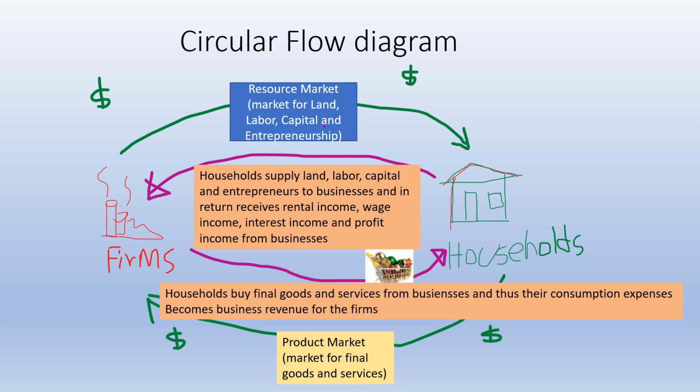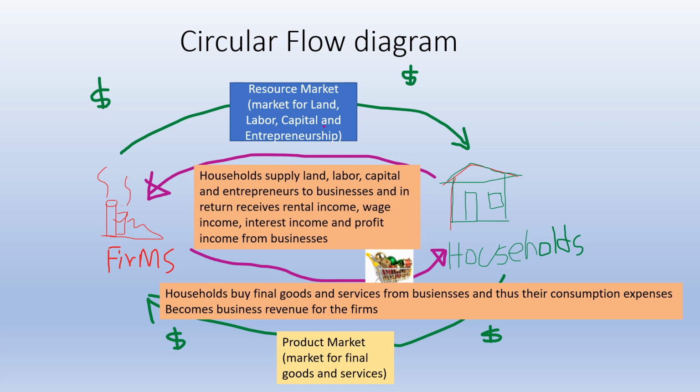And once the farms have hired those productive resources from the resource market, the land, labor, capital, and entrepreneurship, what are they going to do with them? They are going to use them productively to make final goods and services. So now we are explaining the bottom two arrows. Now that farms have produced the final goods and services, households can come to the superstores, flea market, and other stores and fill up their shopping carts.